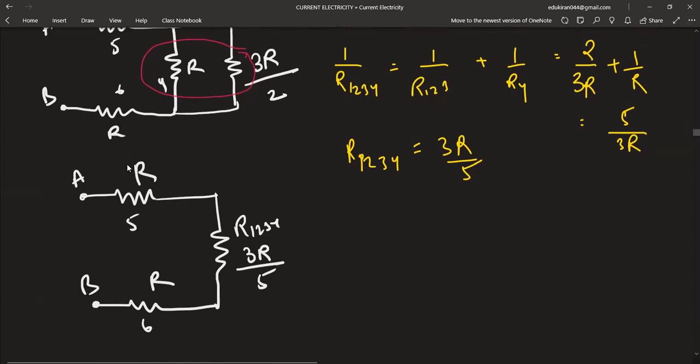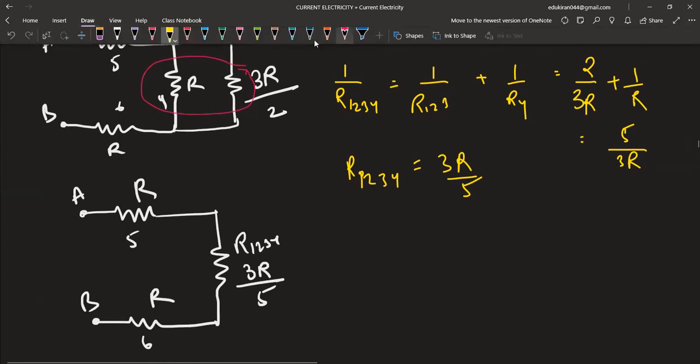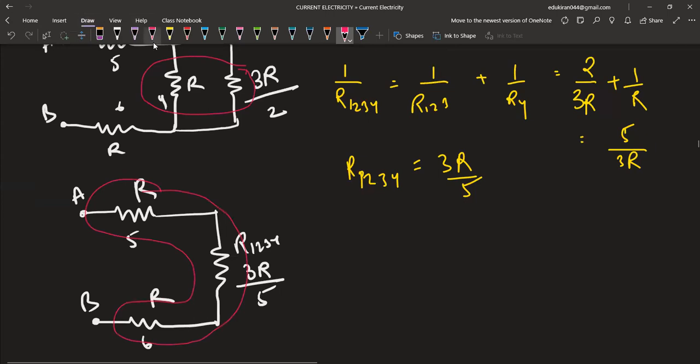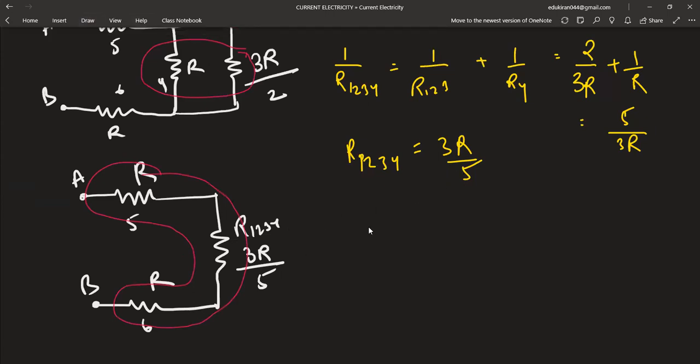So we replace this and put this as 3R by 5. Now when all of these are present, you add all of these together because all of these are in series now. R1234, R5, R6, all are connected in series.